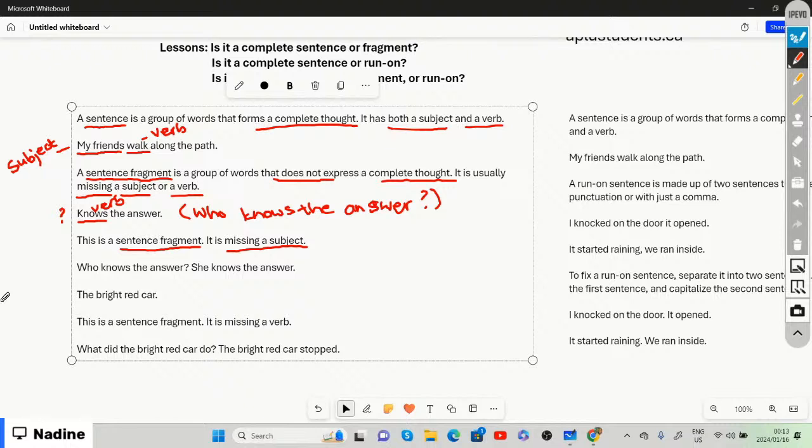If we look at our next sentence, another example of a fragment: the bright red car. So basically, the bright red car, this is a subject.